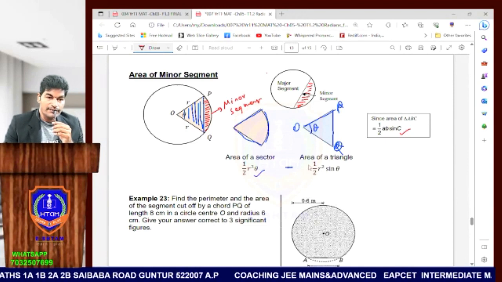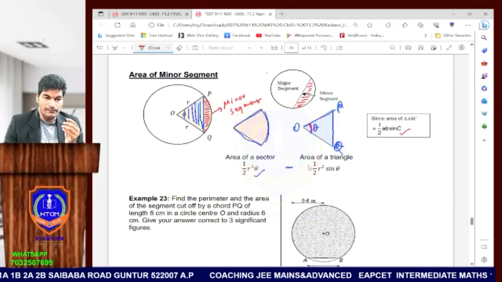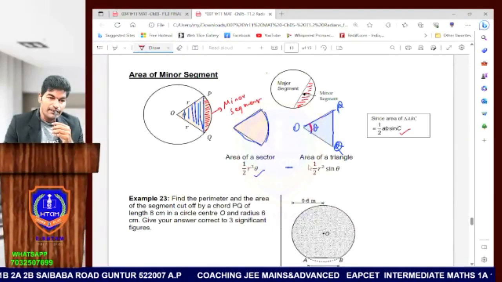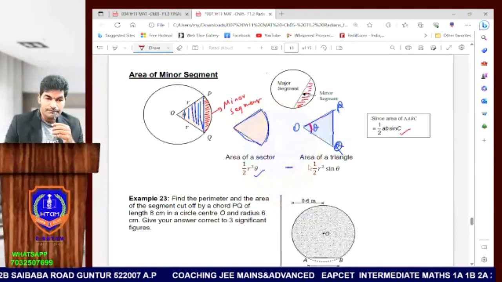What is the angle C here? It is theta. And what are A and B? Let me show you again.